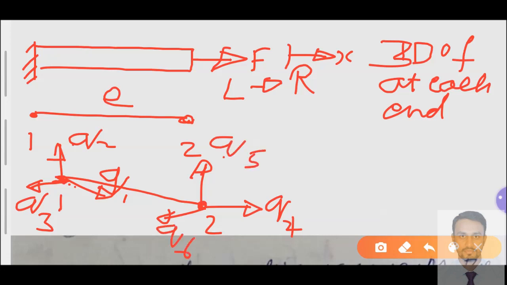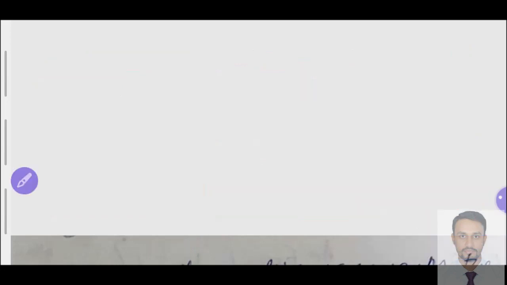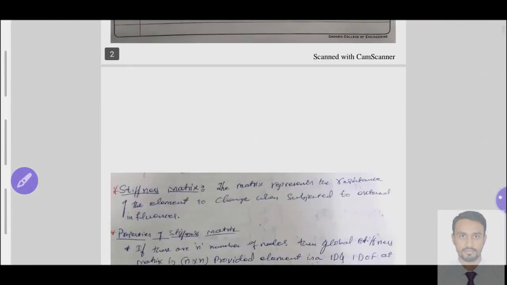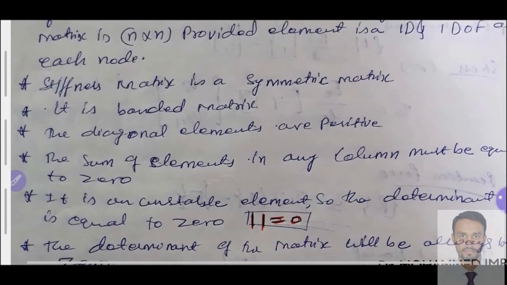Total 6 displacements are there. 6 displacements means at each node 3 degrees of freedom, two nodes into 3 is equal to 6, so we will get a 6 cross 6 matrix. That means n degrees of freedom give an n cross n matrix. Now we have the idea how the n cross n matrix is obtained based on the degrees of freedom.